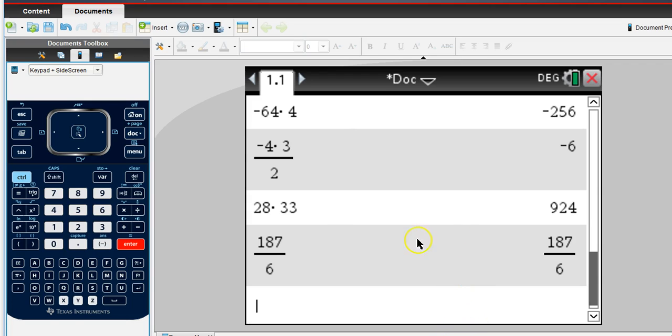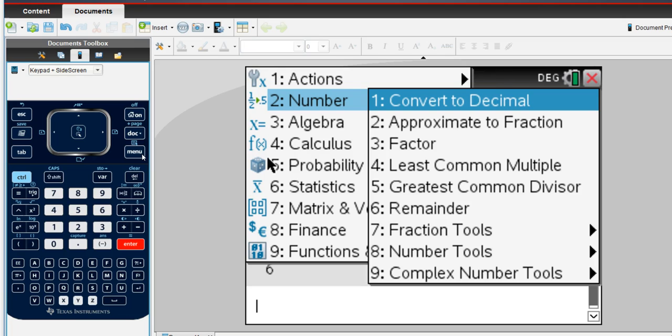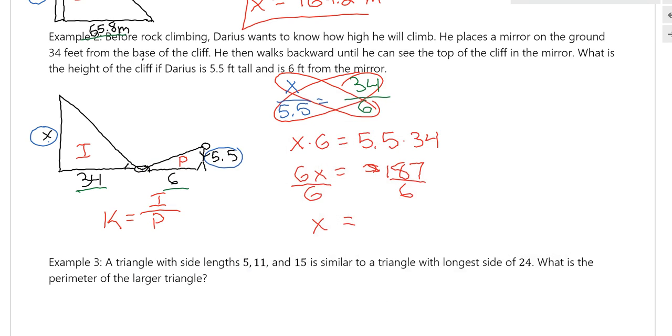So what I need to do if it's not a fraction is go to menu, number, and just convert to decimal. And I get 31.17. Actually, I'm only going to go one decimal place because my only decimal in the problem is to one decimal place. So we're going to do 31.2.